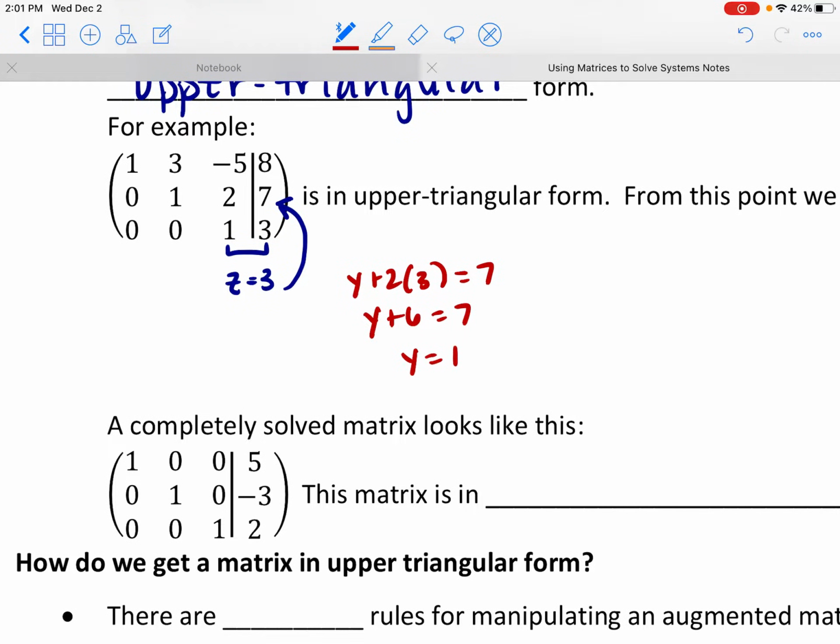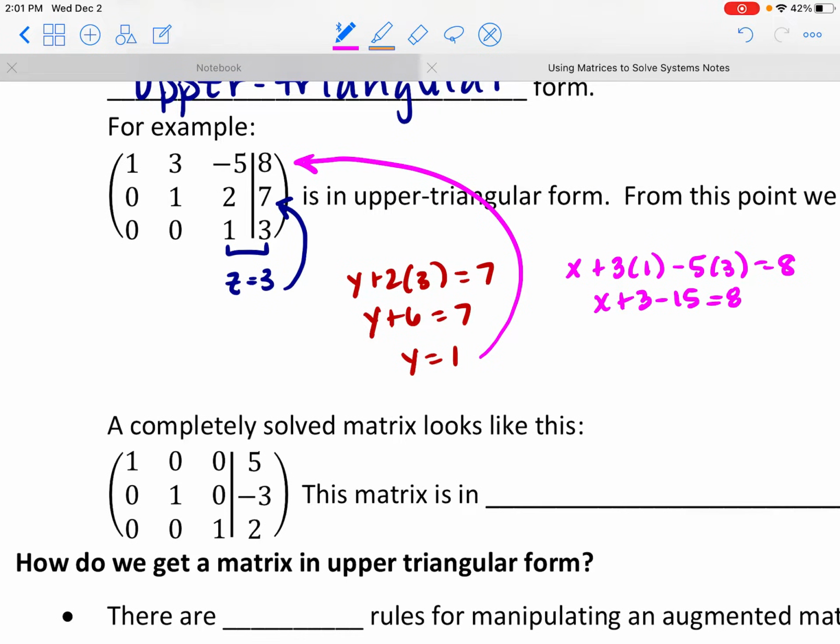And now I could take the y and the z and plug those both into the third equation, where we have 1x plus 3y minus 5z equal to 8. And so x plus 3 minus 15 equals 8. And x minus 12 equals 8 means we could add the 12 over and say that x is 20.